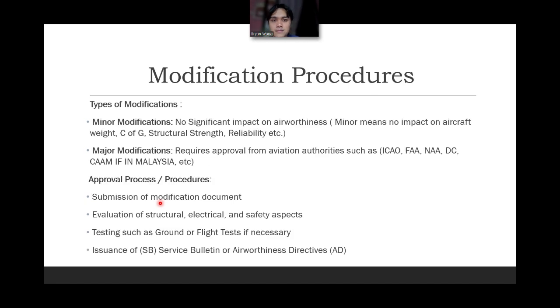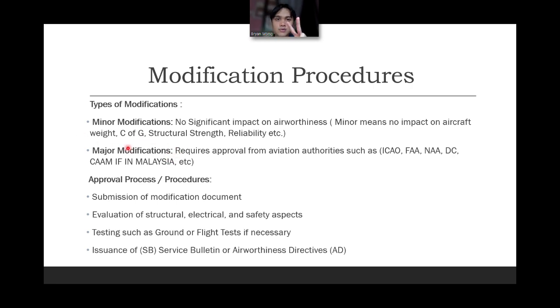Next, modification procedures. There are a few types of modification procedures here. I will go through these types of modifications. As you can see here, there are two types: one is minor modification, and the second one is major modification.